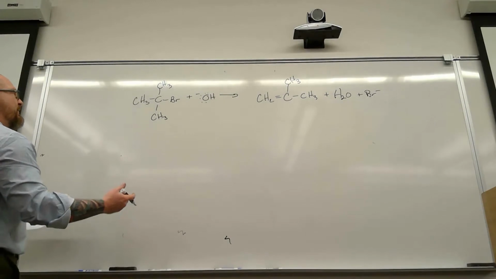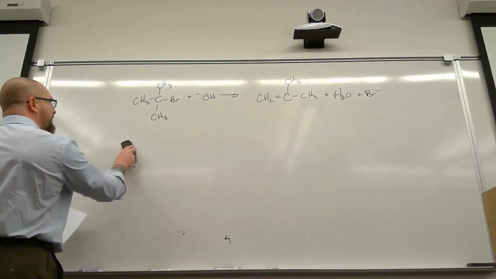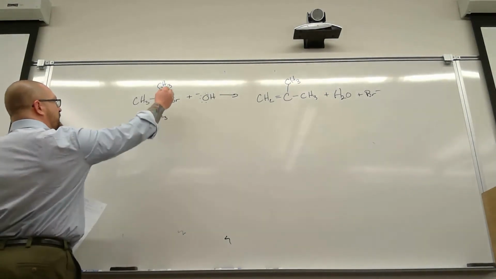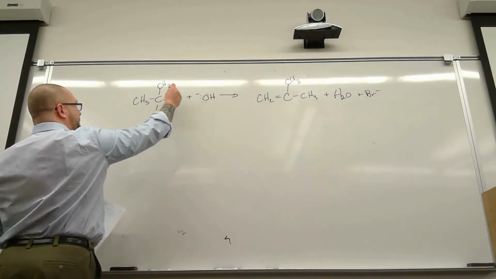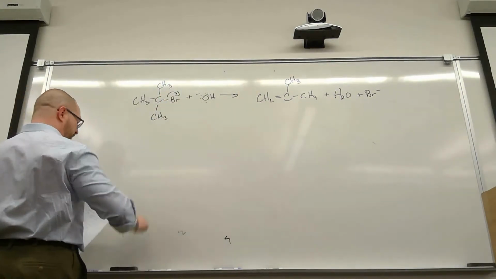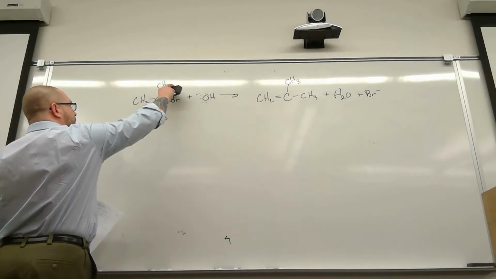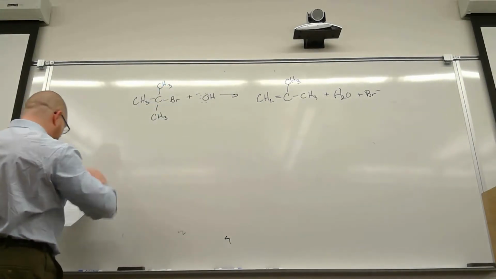So how does this occur mechanistically? And why is it bimolecular? Because before, when we were just doing Sn1, this spontaneously fell off and it was unimolecular.